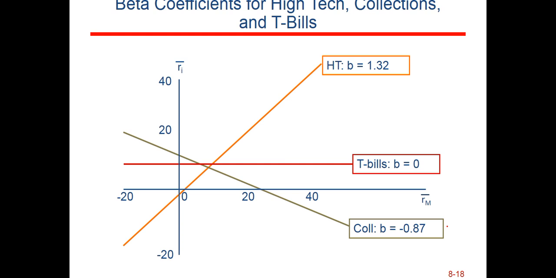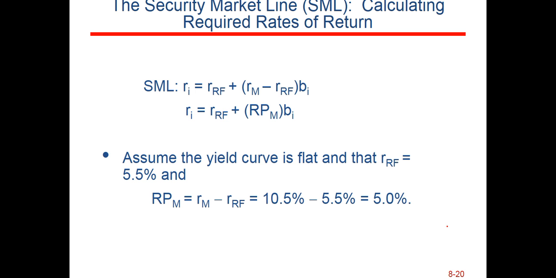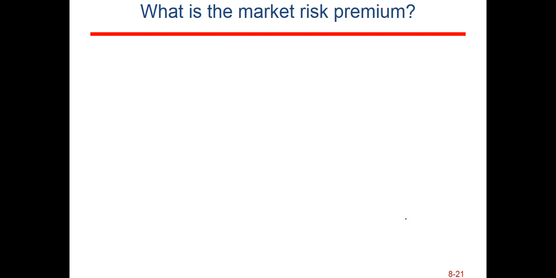So what do we need to do when we calculate beta? For example, if the risk-free rate is 5.5% and if the market overall average is 10.5%, then the risk premium turns out to be 5%. So this is 10.5 in this example. RF is 5.5. Risk premium is 5%.